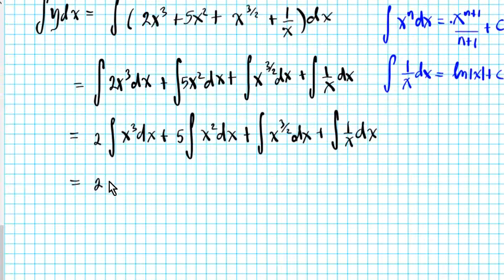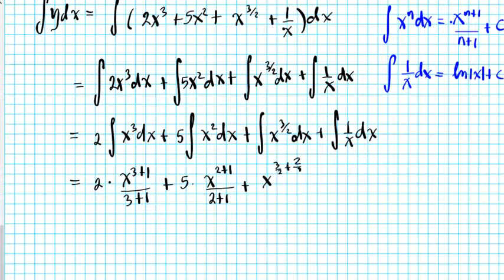So let's apply the power rule. We have 2. Integral of x to the third is x to the power plus 1 divided by power plus 1, plus 5 x to the power plus 1 divided by power plus 1, plus x to the power plus 1.